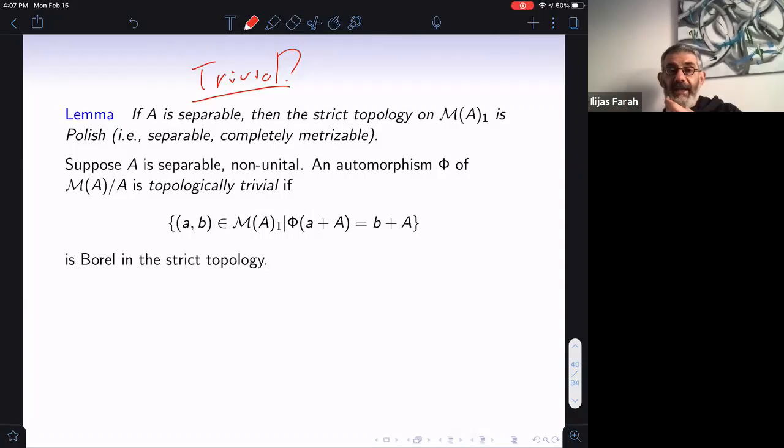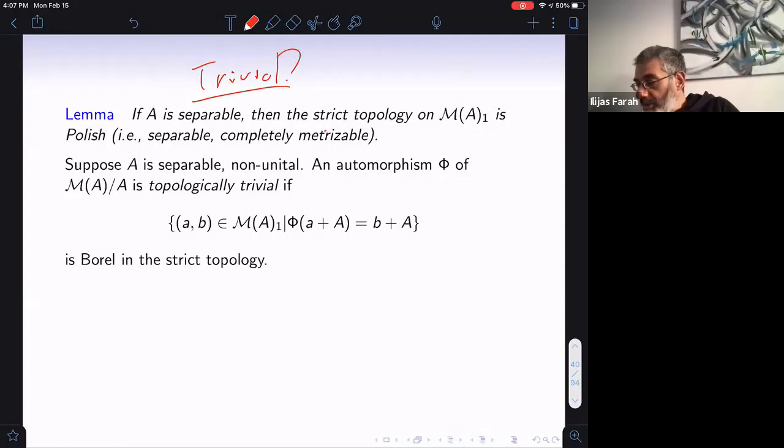And for that, we need a nice topology on our algebras. If A is separable, then the strict topology on the unit ball of M(A) is Polish, namely separable and completely metrizable. What is the reason for that? Well, this topology is given by countably many semi-norms. Remember, the strict topology was defined by looking at the semi-norms a goes to the norm of ha, and a goes to the norm of ah.